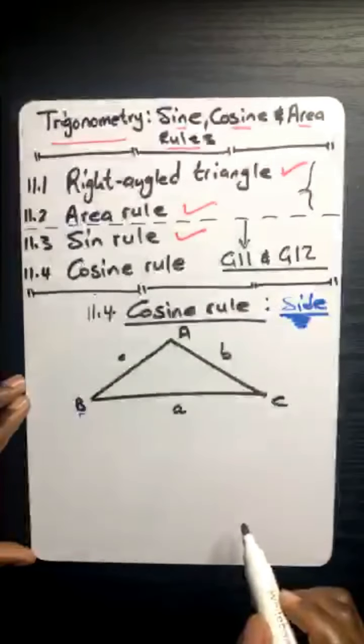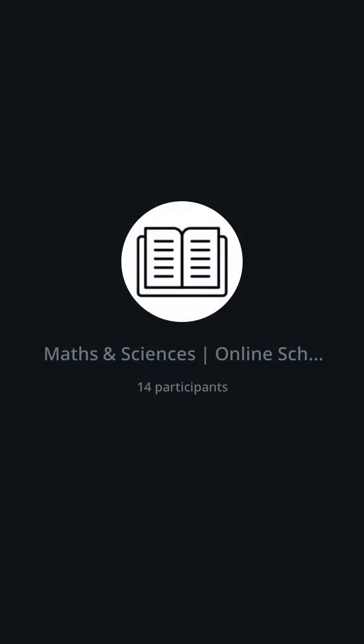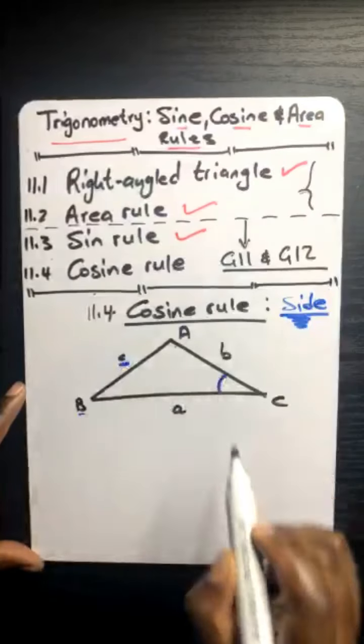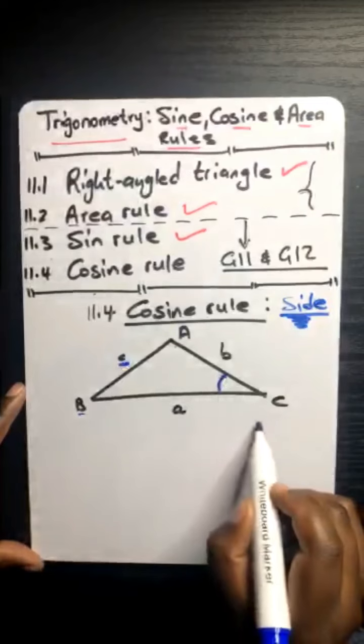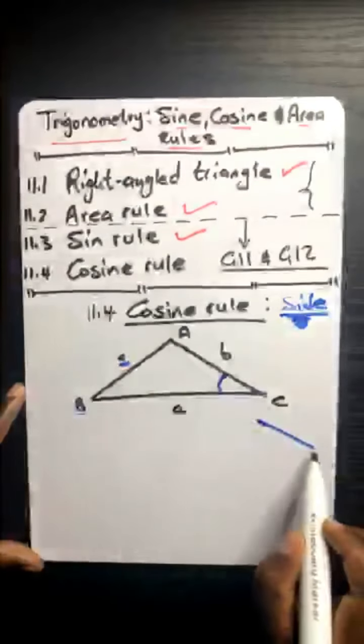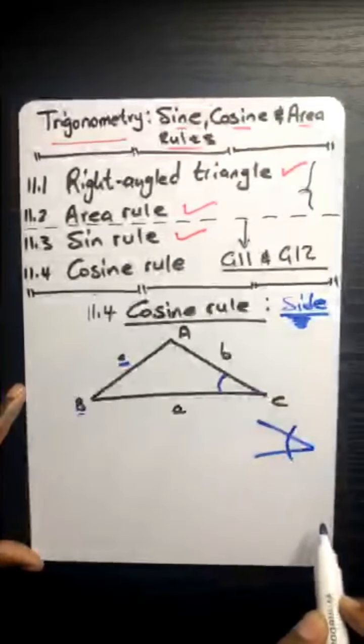You can just choose any side. C, sir. Okay. Side C is opposite that angle, which means I'm going to formulate using this side and this side and the angle in between.